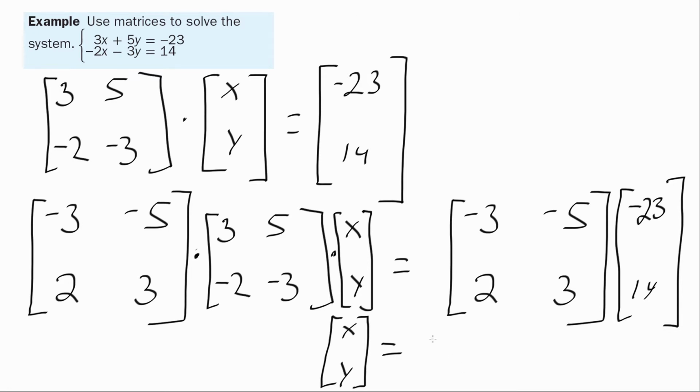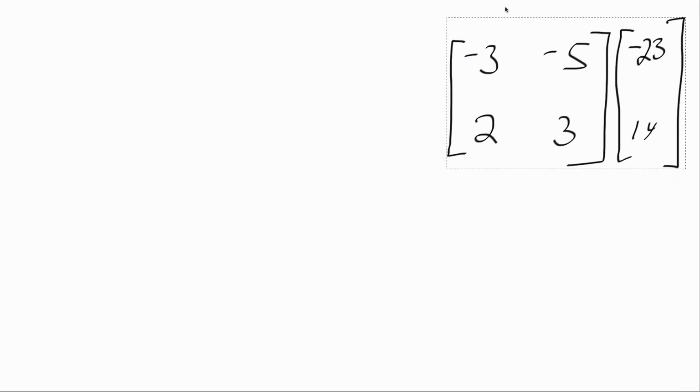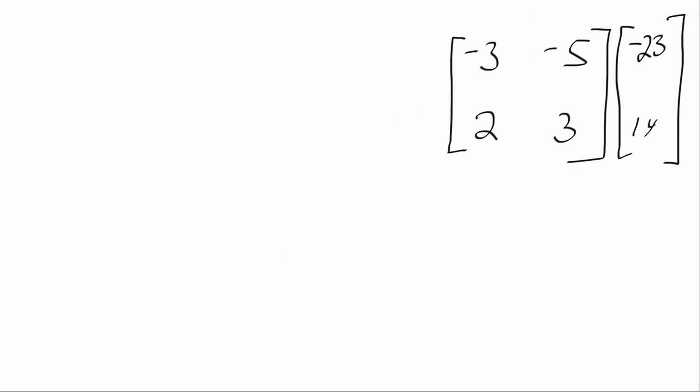So I'm going to go ahead and move to a different page to have a little bit more room. Going to capture this. We'll take it along. So this equals our xy matrix.